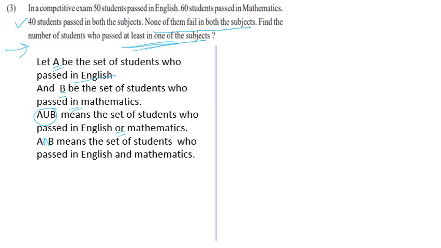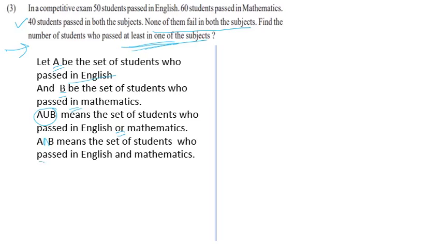B is the set of students who pass in mathematics. A union B means what? The set of students who pass in English or mathematics. And that means the set of students who pass at least in one of the subjects. Okay. A intersection B means the set of students who pass in English and mathematics both.